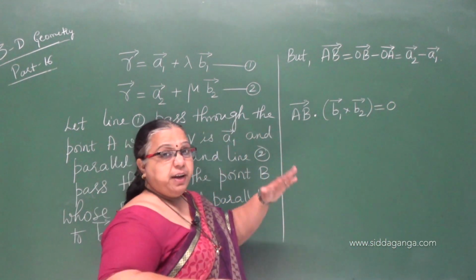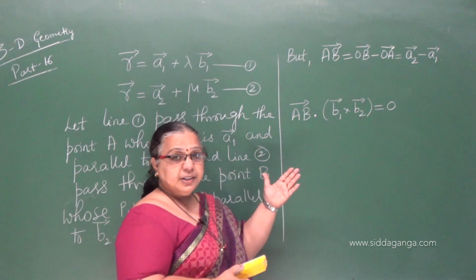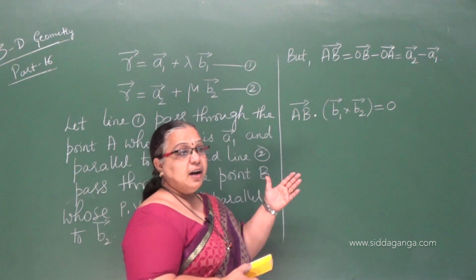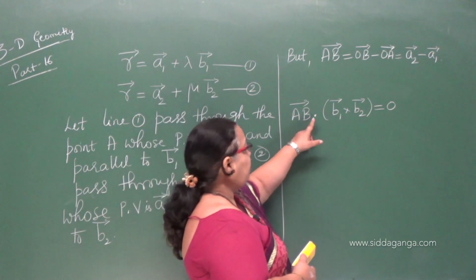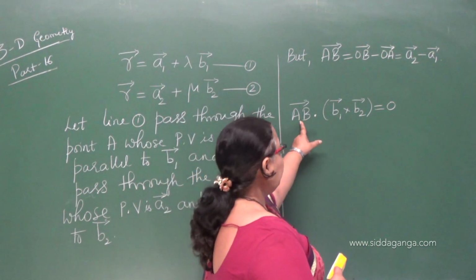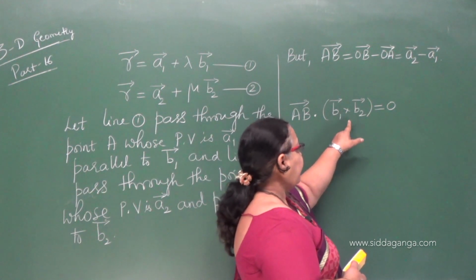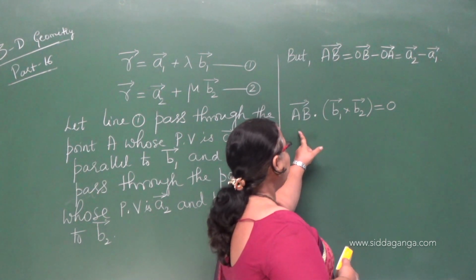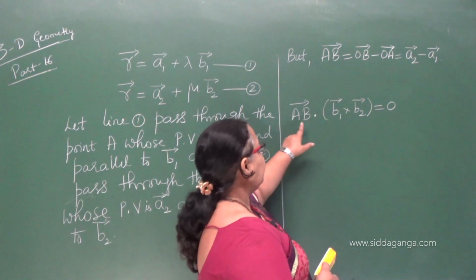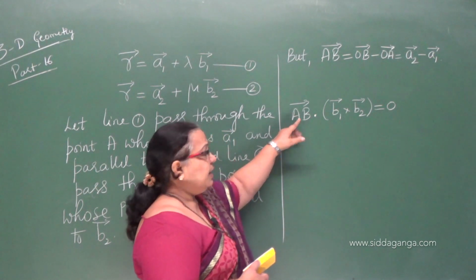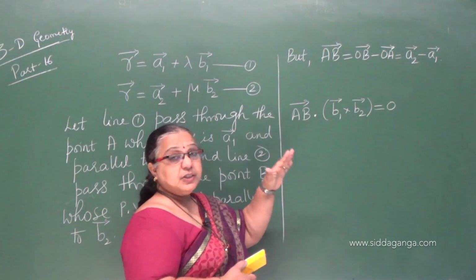Or in another way, we can say that the given two lines are coplanar if and only if vector AB dot product is there. We know that the cross product of two vectors is again a vector. Here the dot product of these two vectors equal to 0 means that vector AB is perpendicular to the vector b1 cross b2.